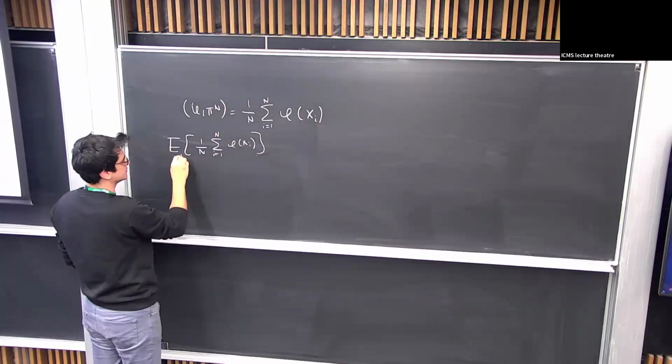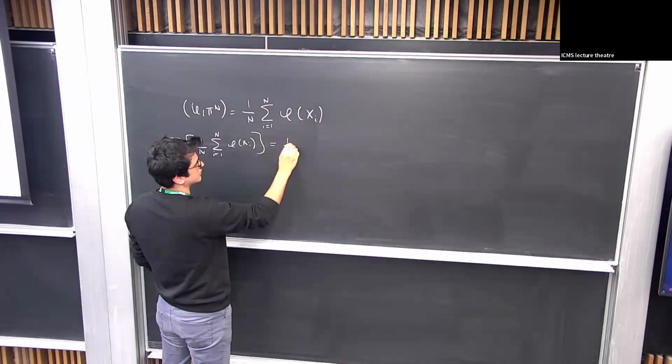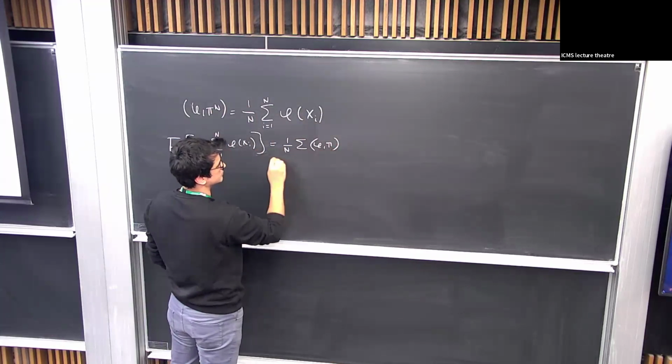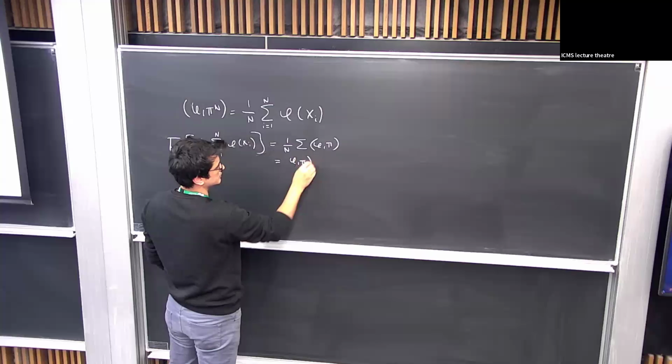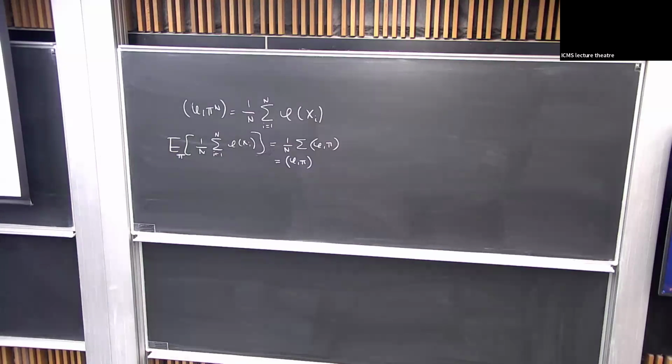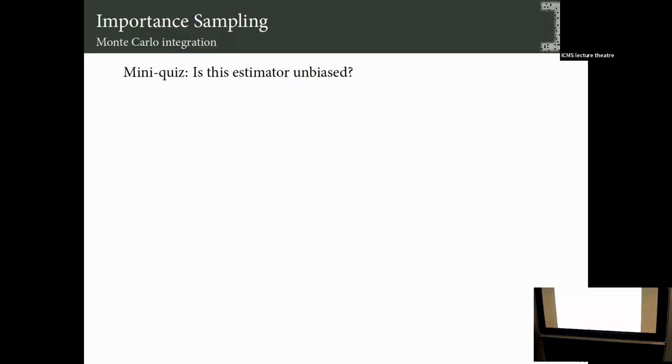So this expectation is with respect to pi, and I will get 1 over n sum and exactly the integral I want. And then obviously this is unbiased. So that's good. But what about the basic importance sampling one? So that's the Monte Carlo estimate.